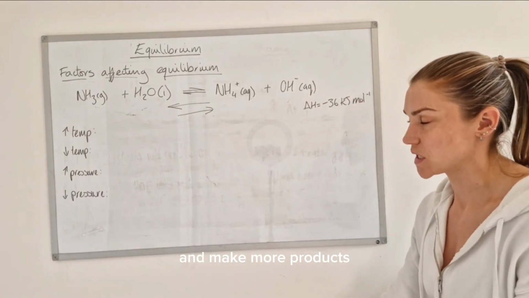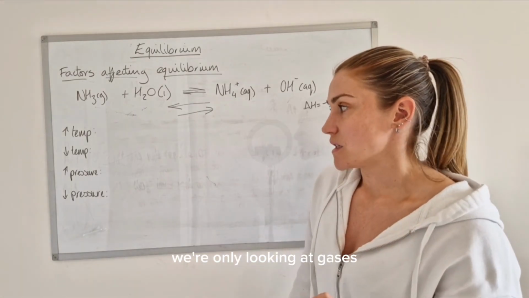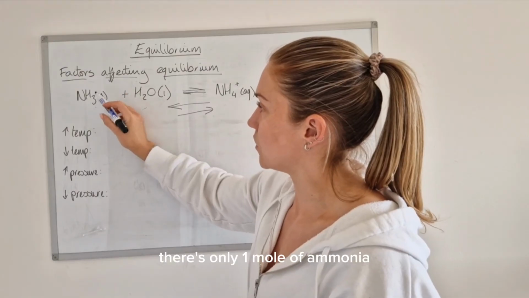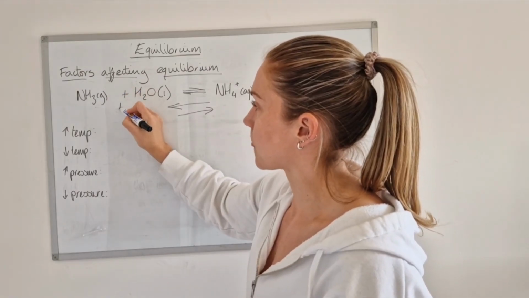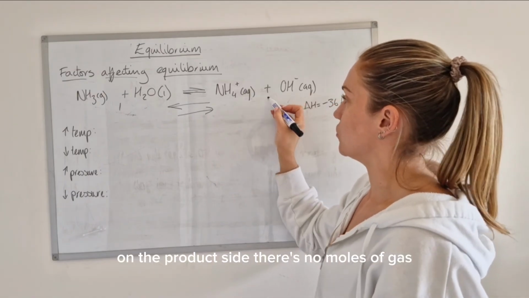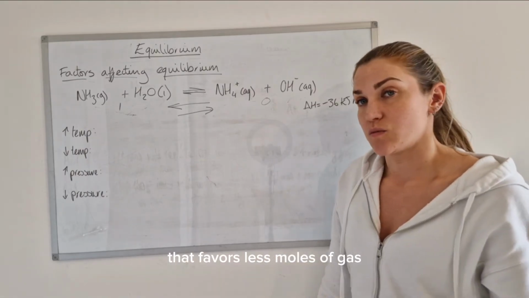When it comes to pressure, we're only looking at gases. So if we total up the gas moles on the reactant side, there's only 1 mole of ammonia. And then on the right hand side, on the product side, there's no moles of gas. So if we increase the pressure, that favours less moles of gas.